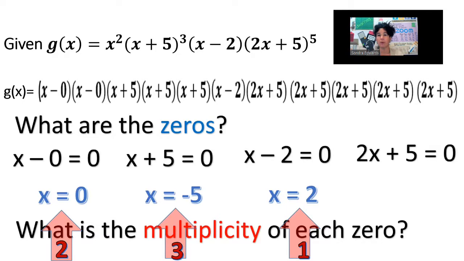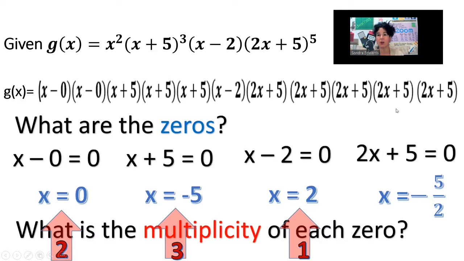Then we have one more 0. If we solve 2x plus 5 equals 0 by subtracting 5 and dividing by 2, we find that we're going to have an x-intercept at negative 5 halves. Negative 5 halves is a 0 of the function g of x, because if I substitute negative 5 halves in for x and simplify, I'm going to get 0.